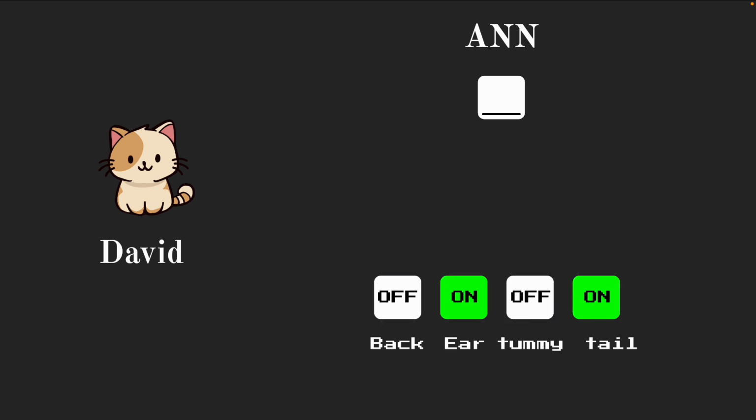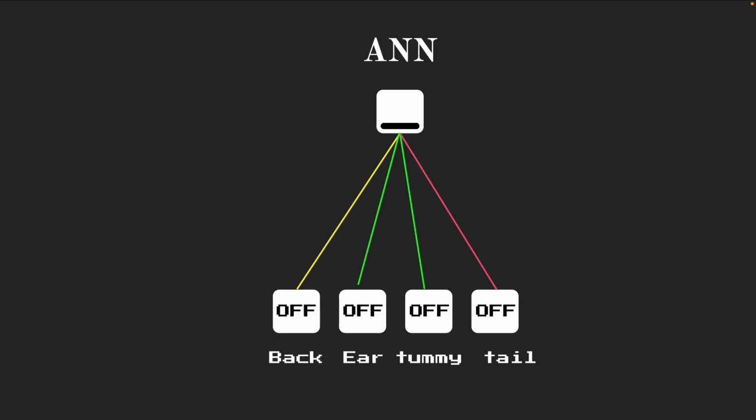Now, if we fiddle with the inputs, we can see the output neuron changing. And let's see what's inside this mythical machine. So here it is. Now, I'm sure you can see these lines, and we can assign weights to all of these.